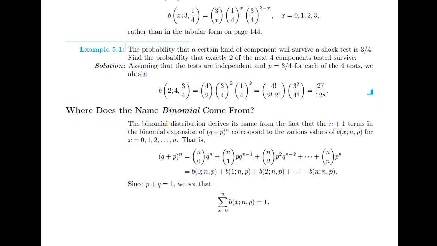We obtain b(2; 4, 3/4) = 4 combination 2 times (3/4)^2 times (1/4)^2, which is equal to 27/128.